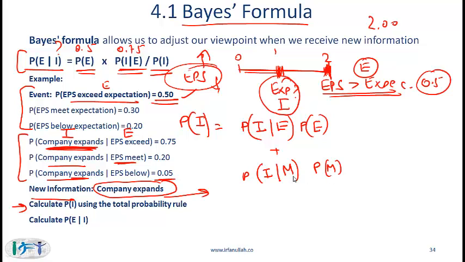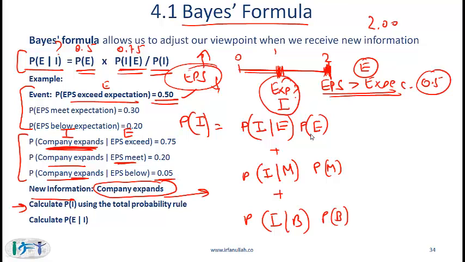So we'll express that event as M, and then plus the probability of I given B, where B is a situation where EPS is below expectation, times the probability that EPS is below expectation.